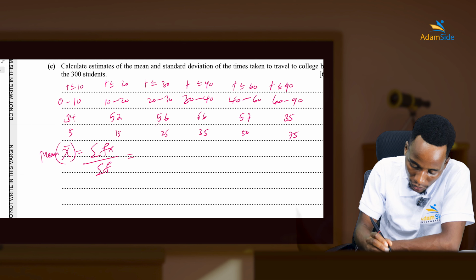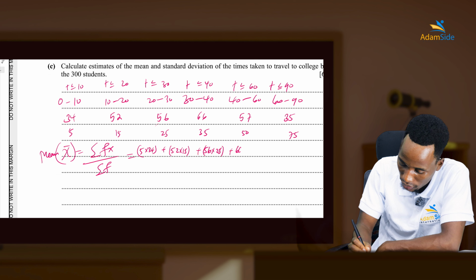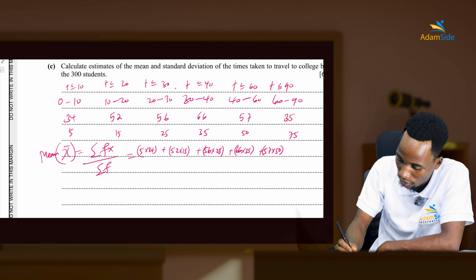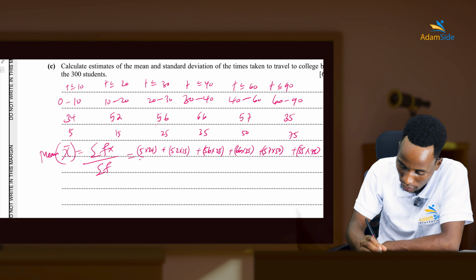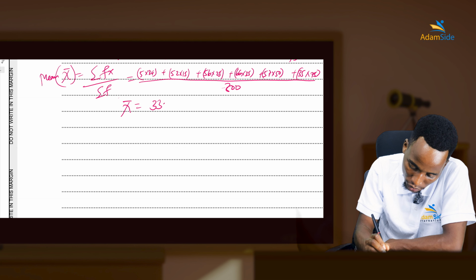So the summation of fx means 5 times 34 plus 52 times 15 plus 56 times 25 plus 66 times 35 plus 57 times 50 plus 35 times 75. The summation of the frequencies all add up to 300. We know that. So our mean is going to be 33.8.